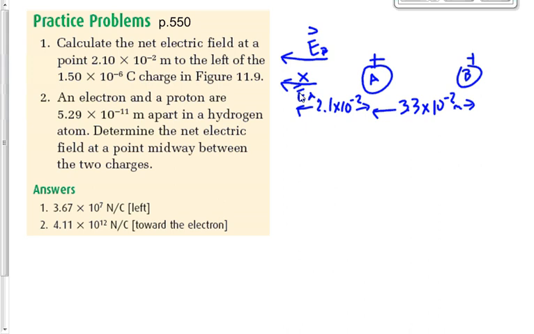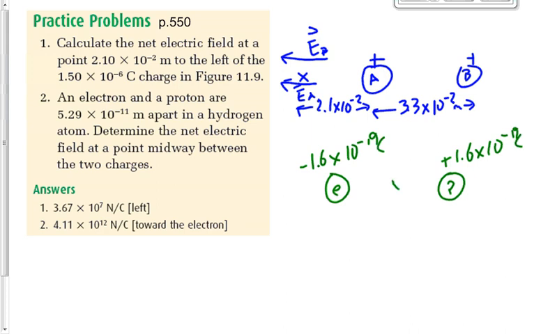Now let's draw the diagram for the second one as well, and then we'll leave it at that. We have an electron and a proton. Here's the electron, here's the proton. The electron is negative 1.6 times 10 to the minus 19, and the proton is positive 1.6 times 10 to the minus 19. We're trying to find the field strength midway between them again. The field caused by the electron, it's a negative. Pretend the proton's not there.